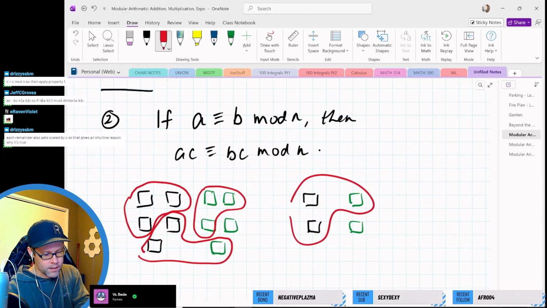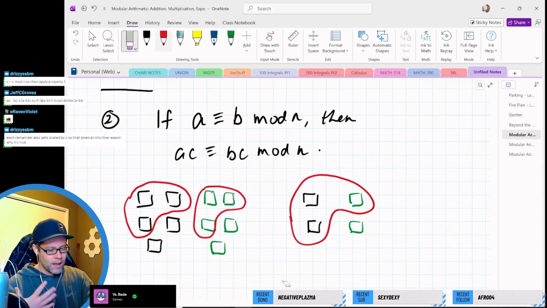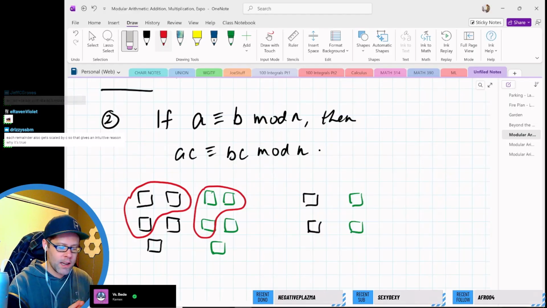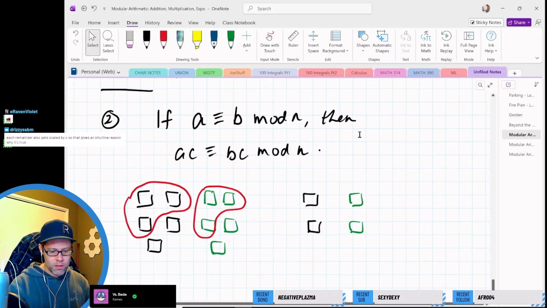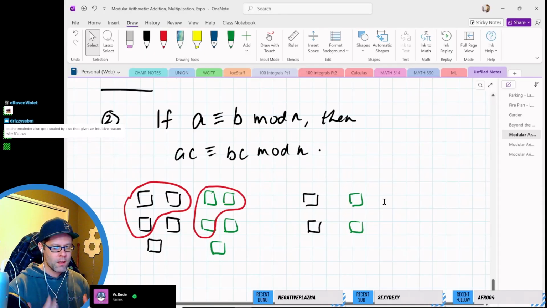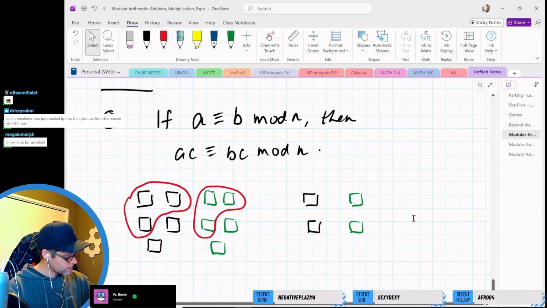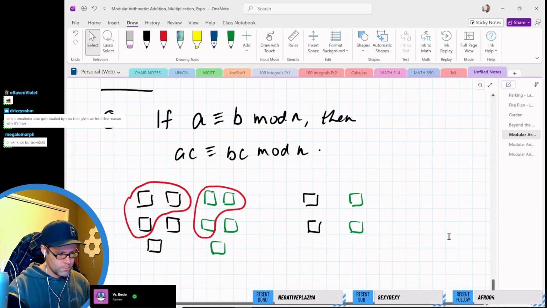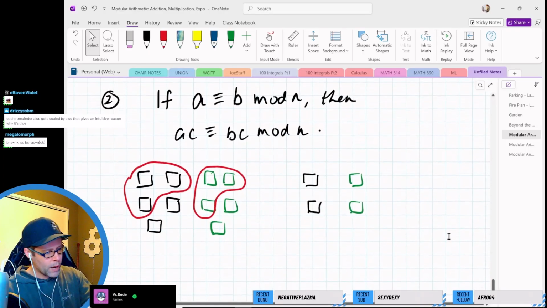Intuitively, if I take this picture and create c copies of it, it feels like it should work. I don't see any issues here. I don't really feel like proving this one, because it feels more intuitive to me than property number 1. So I am super okay with property number 2.